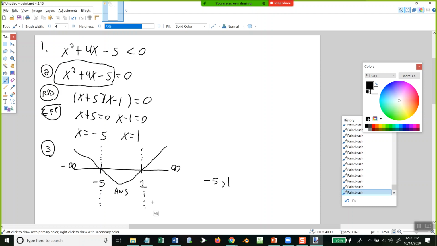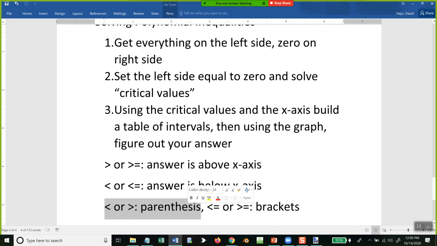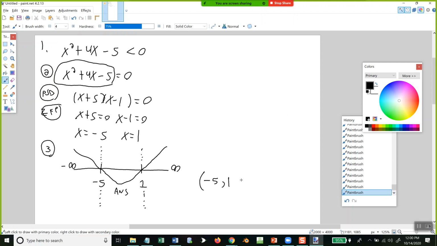Now, it's a less than. Less than here tells us that we need to use parentheses. What I mean by that is we put parentheses around these. Parentheses indicates it doesn't include negative 5 and 1. So every number in between negative 5 and 1, but not negative 5 and 1. And that would be our answer. Questions on that problem?